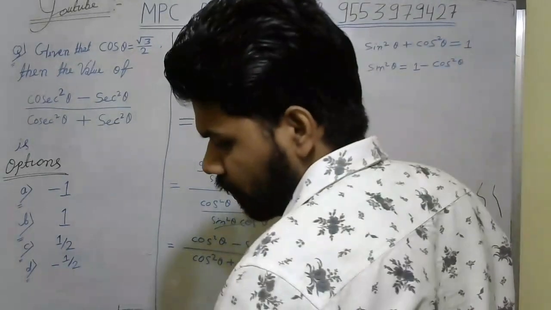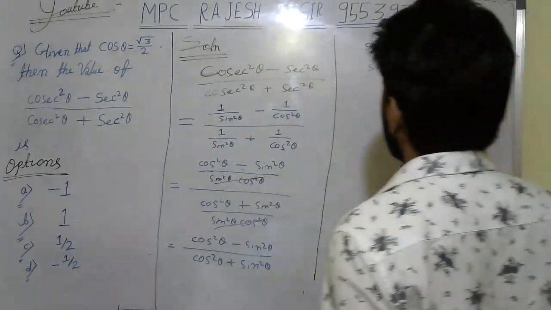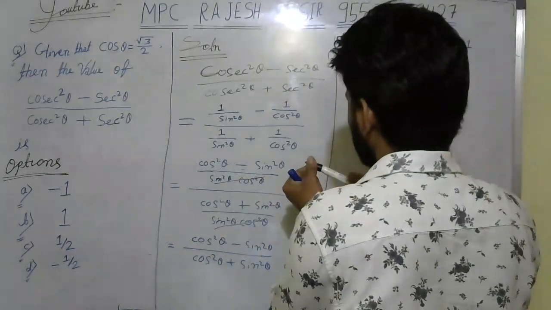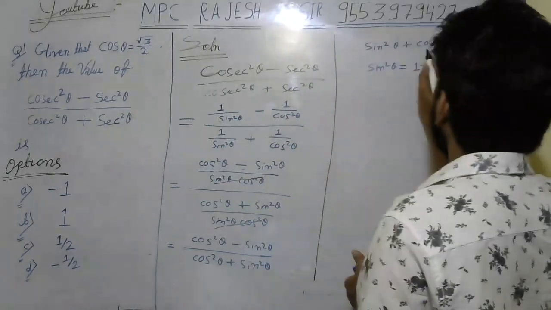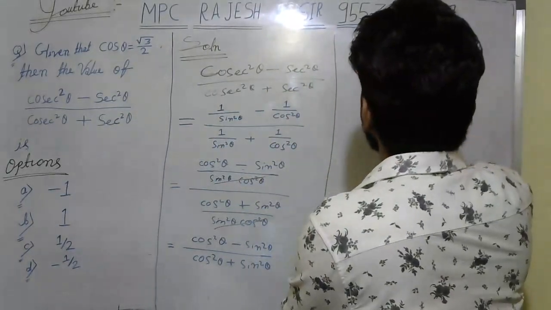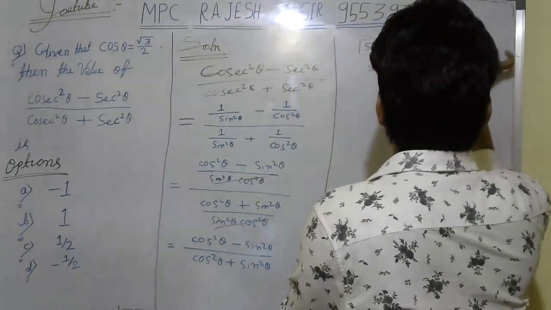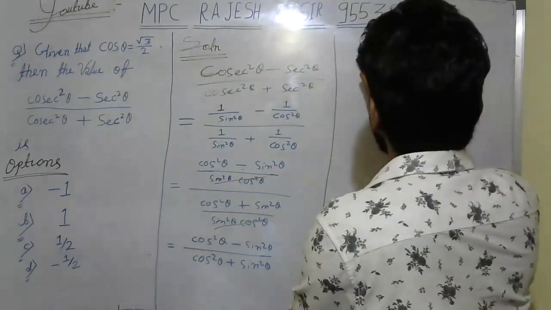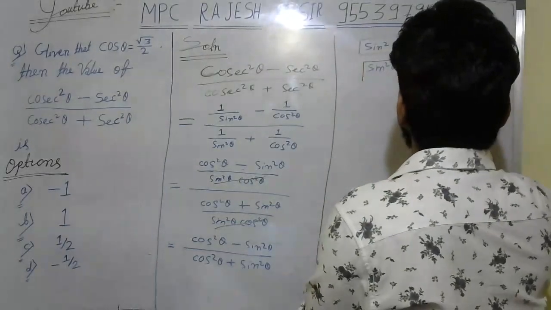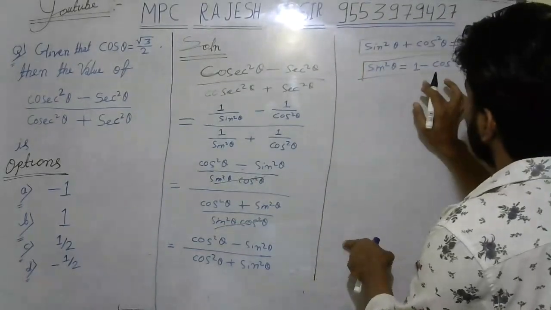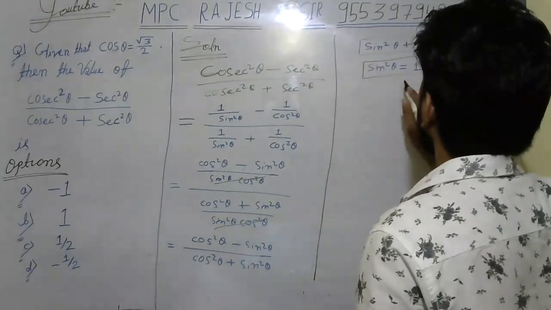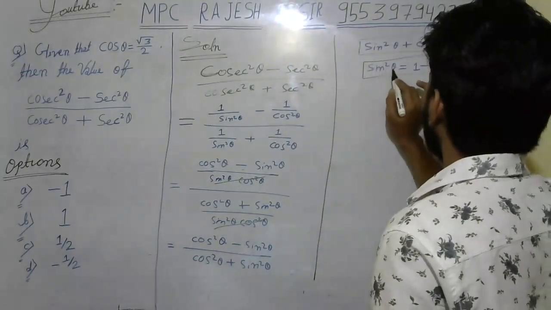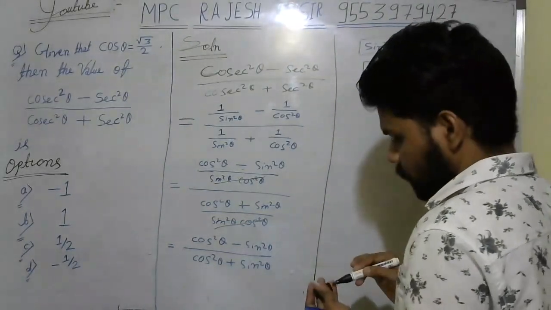This is just normal mathematics. Sin square theta plus cos square theta is equal to 1, you know very well, and this is also one formula. From the first formula we get the second formula: sin square theta plus cos square theta is 1, so sin square theta is equal to 1 minus cos square theta.